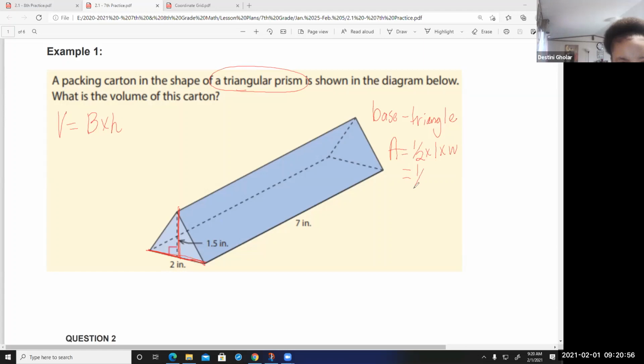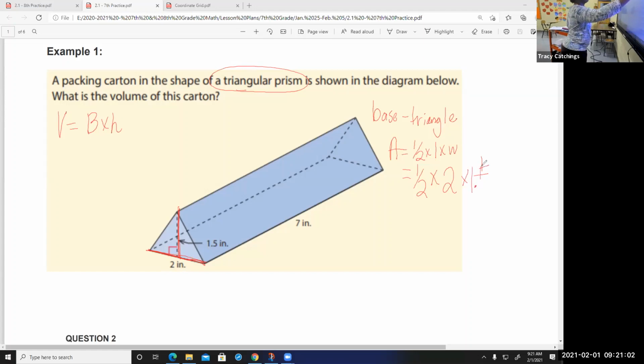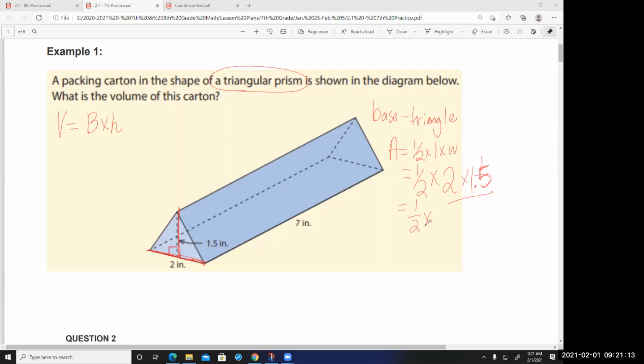Okay, somebody was mumbling to me. Y'all gotta talk loud if you're trying to talk to us. The base is 2 and the height is 1.5. All right, somebody multiply 2 and 1.5. 3. All right, take half of 3. 1.5. All right, so the area of that base is 1.5.